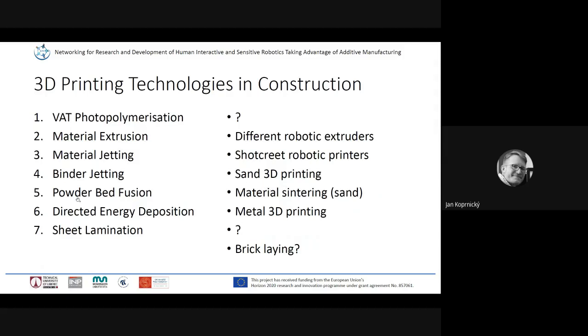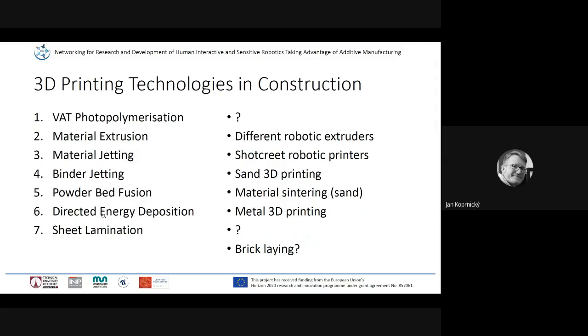Then powder bed fusion, material sintering, sand. There are some interesting projects from deserts, where sand and sun are in abundance. So they try to sinter this material on site by sunlight, focused sunlight.